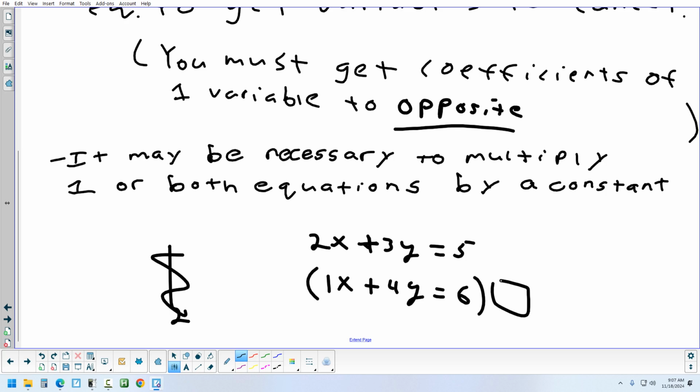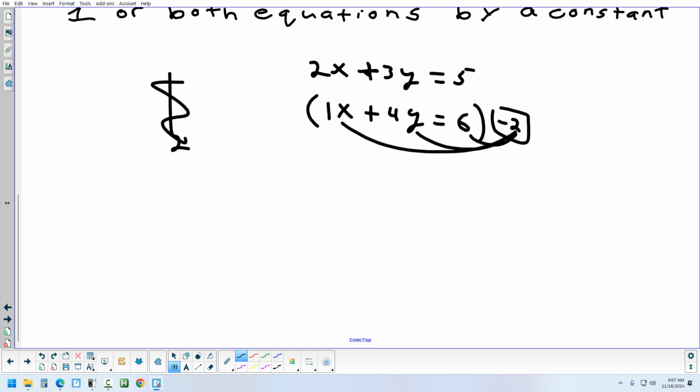Negative 2. So if we distribute out negative 2, the top equation stays the same, but the bottom one would become, what's 1x times negative 2? Negative 2x minus 8y, and 6 times negative 2? Minus 12.